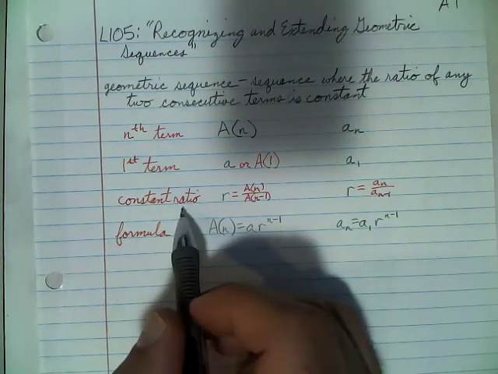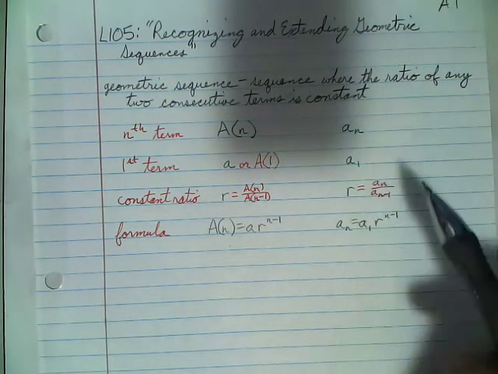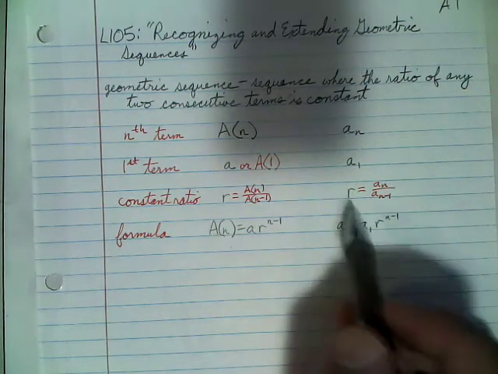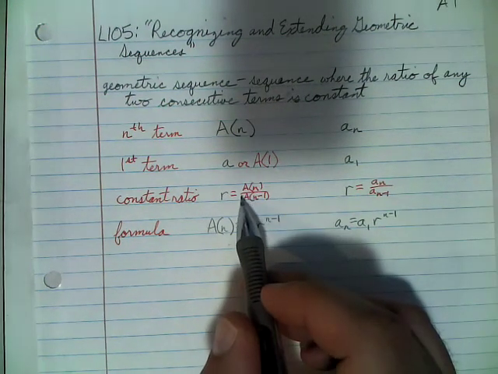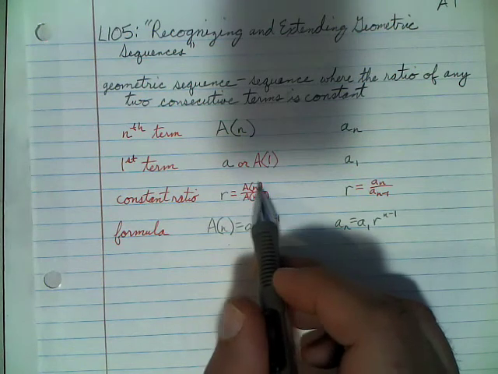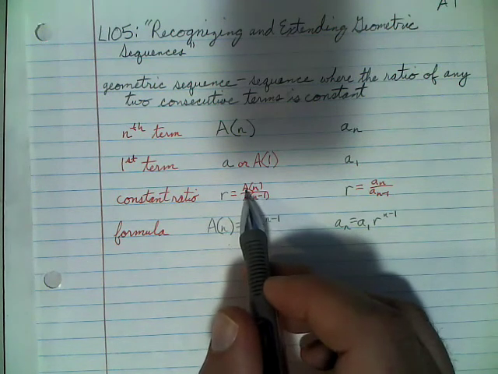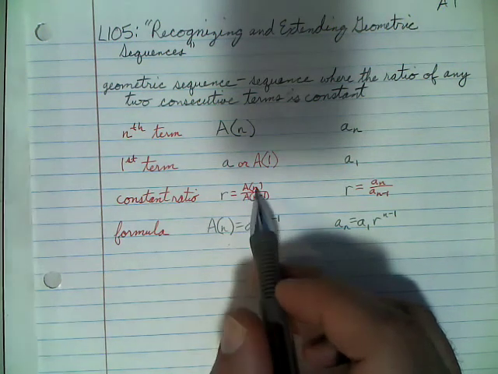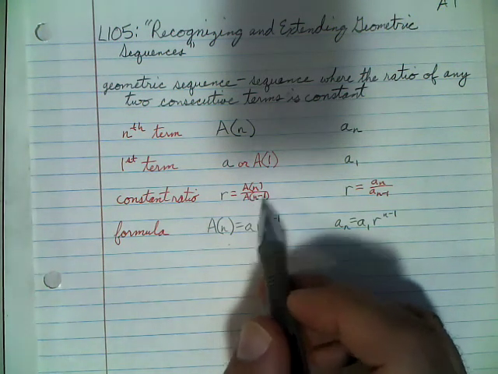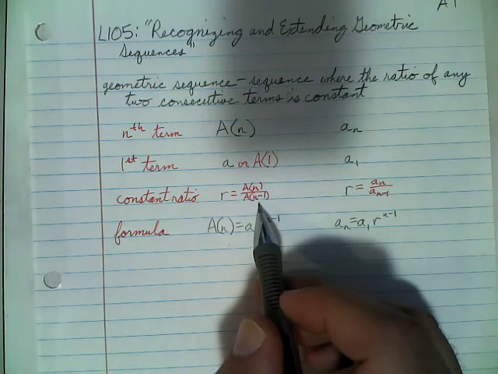The constant ratio, so remember the ratio is constant, is r either way. But as far as formula goes, how would you calculate that? We always think final and then initial. If you want to find change, final minus initial. You want to find a ratio, final divided by initial.